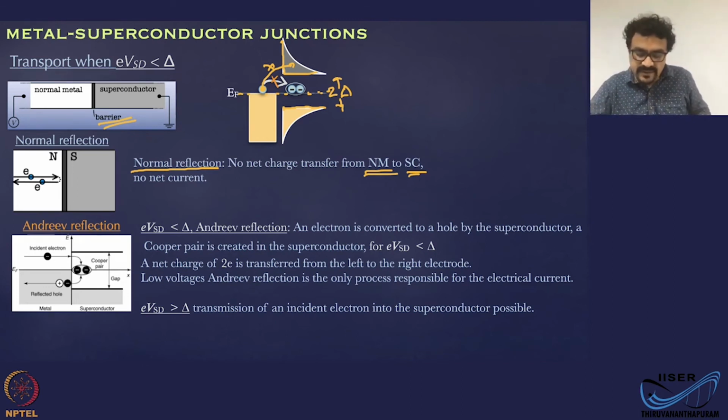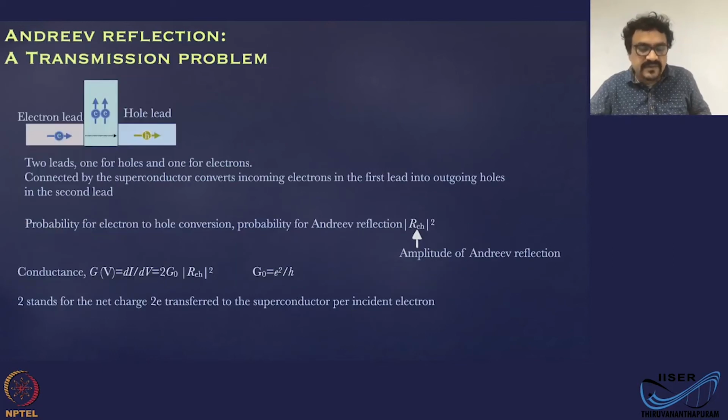Now, this anti-reflection you can analyze using the transmission formalism or transmission problem. So what we have is an electron going to the interface from the metal side, and a hole leaving the interface from the superconducting side.